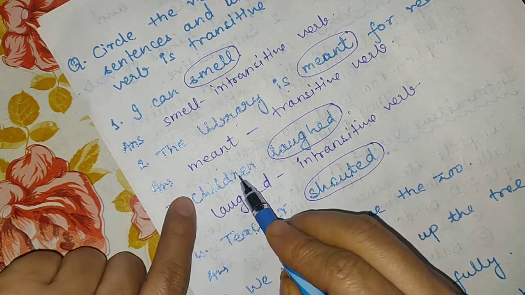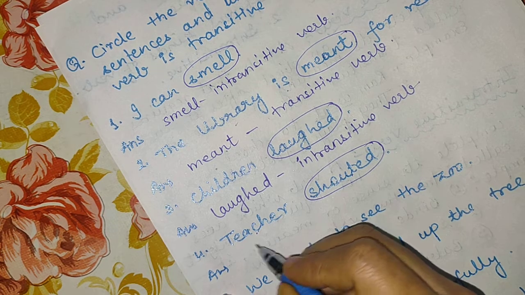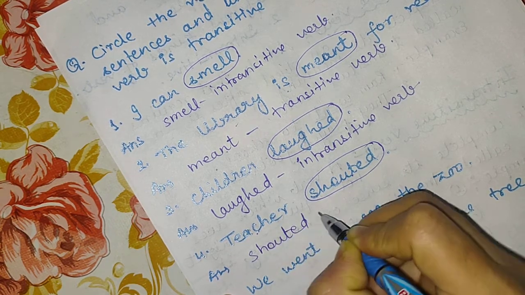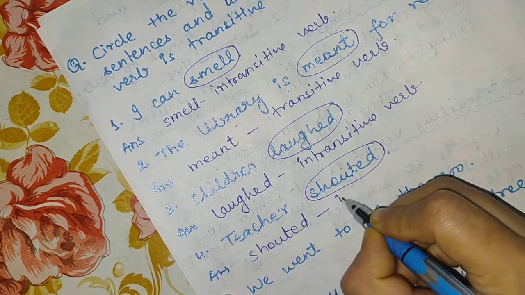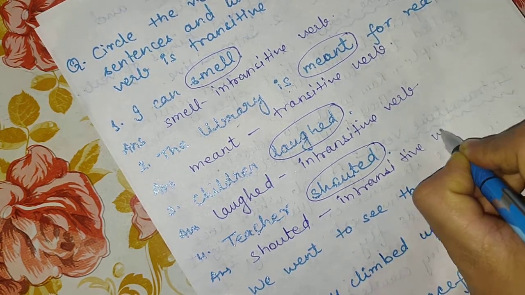Here children was a subject. So shouted, again we do not need to know how the teacher shouted. Basically we have understood that teacher shouted, that's it. So it does not need any object. So it is an intransitive verb.